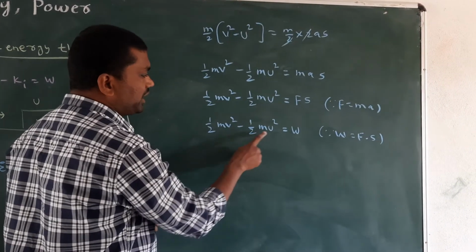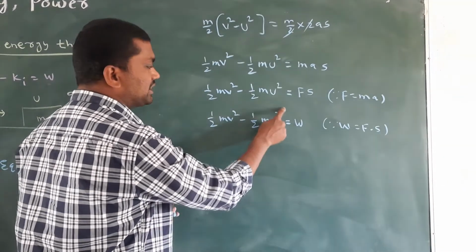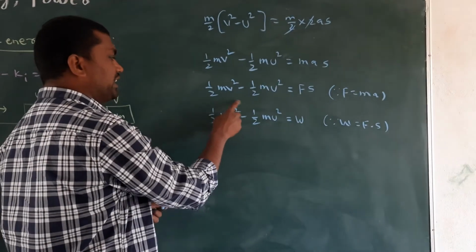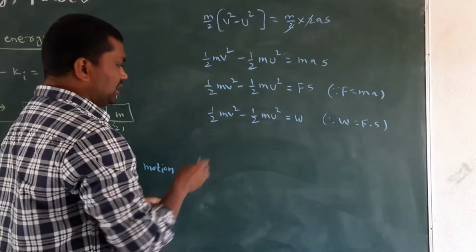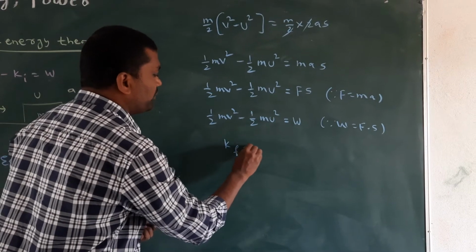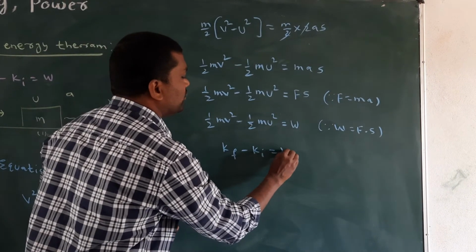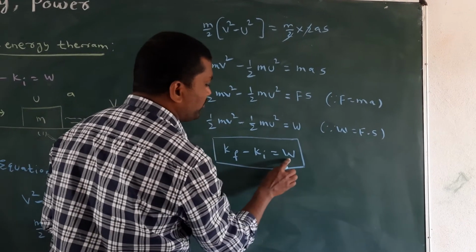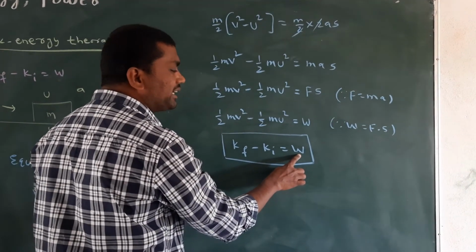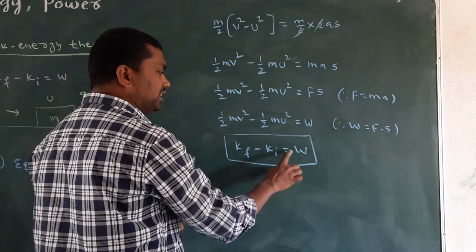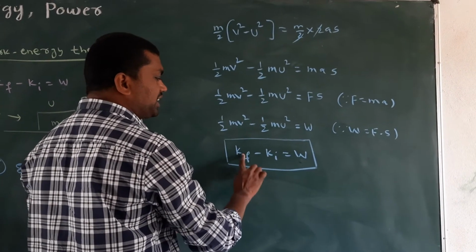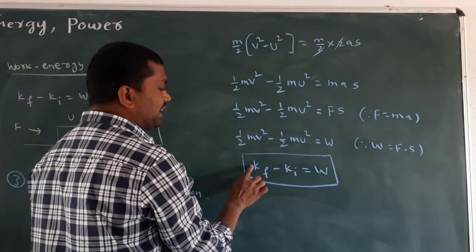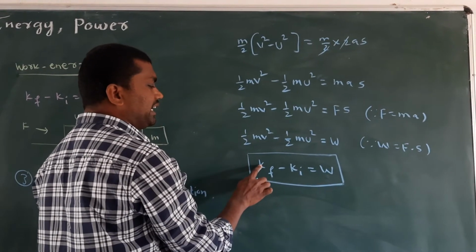Where u is the initial velocity, half m u square is called initial kinetic energy. Where v is the final velocity, half m v square is called final kinetic energy. So we can write Kf minus Ki is equal to W. It is called the work energy theorem, where the work done by the applied force on the object is equal to the change in kinetic energy, where Ki is the initial kinetic energy and Kf is the final kinetic energy.